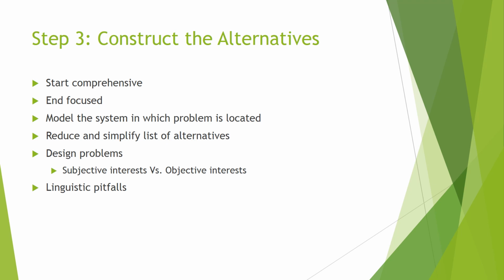Okay, you should try to include at least 3 to 5 alternatives, and at least one of these should be a do-nothing option. It's possible that we have a problem, and we have come up with all these solutions, and one of them is possibly, there's nothing we can do about it.